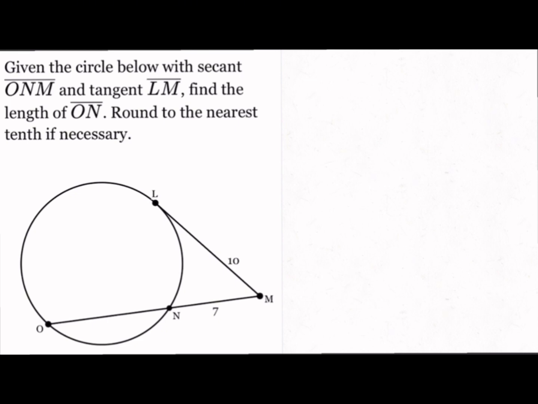Right, given the circle below, secant O and M and tangent LM, find the length of ON. Round to the nearest tenth if necessary. Okay.